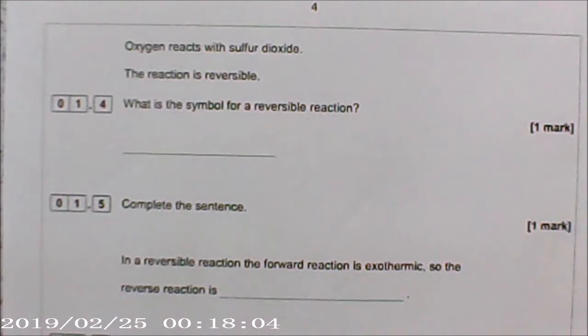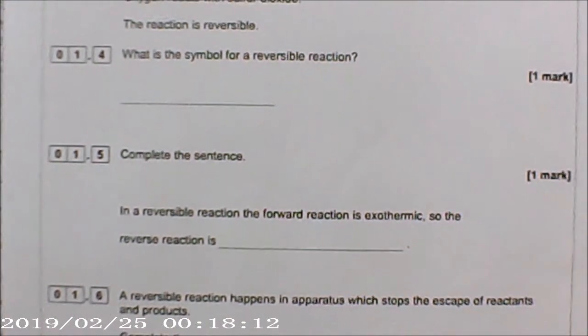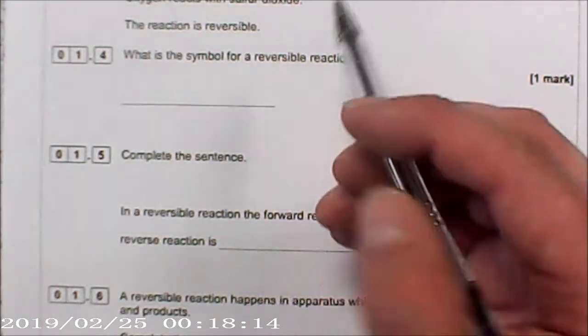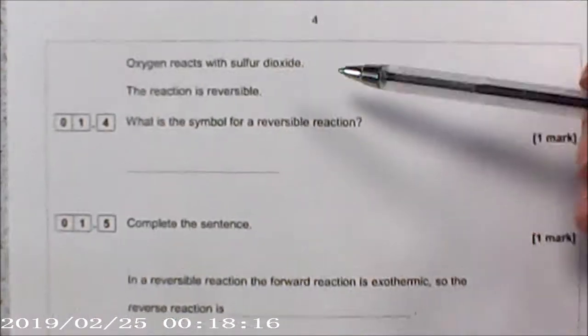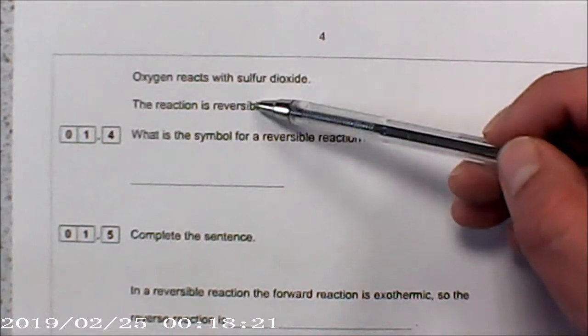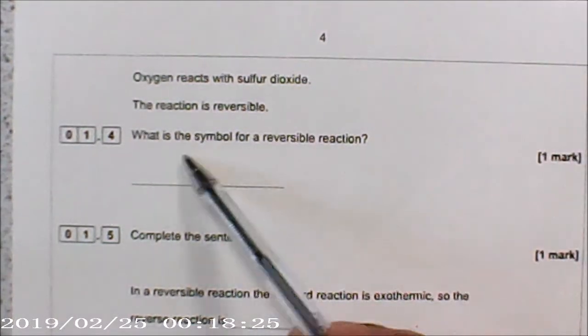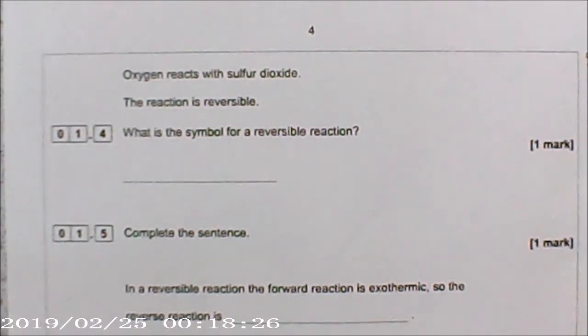Okay, next question. Oxygen reacts with sulfur dioxide. The reaction is reversible. What is the symbol for a reversible reaction? So do be careful on some of these questions. This is kind of an example of one. It's giving you some information here, but neither of those 2 sentences is actually needed to answer this first question.